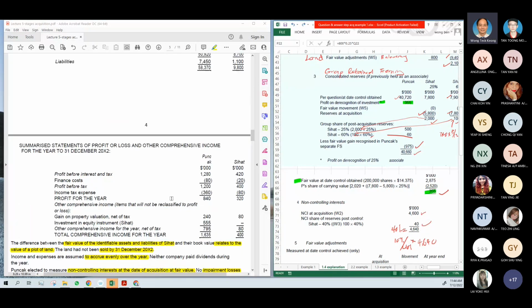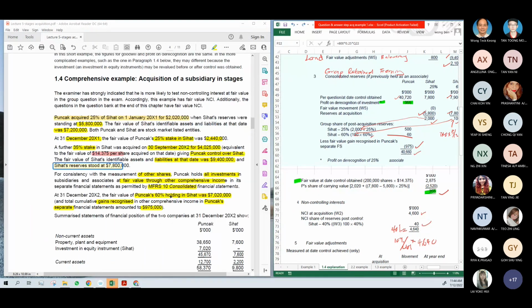But we know that this is an associate, so you can only share the equity profit. The time we bought, on 1st January X1, 25% was 2,020, which means 2.02 million. Then we can share 25% of the profit. How to share the profit? You compare the net asset 7,008 with the 5,008. So the reserve was standing at 5,008 on 1st January.